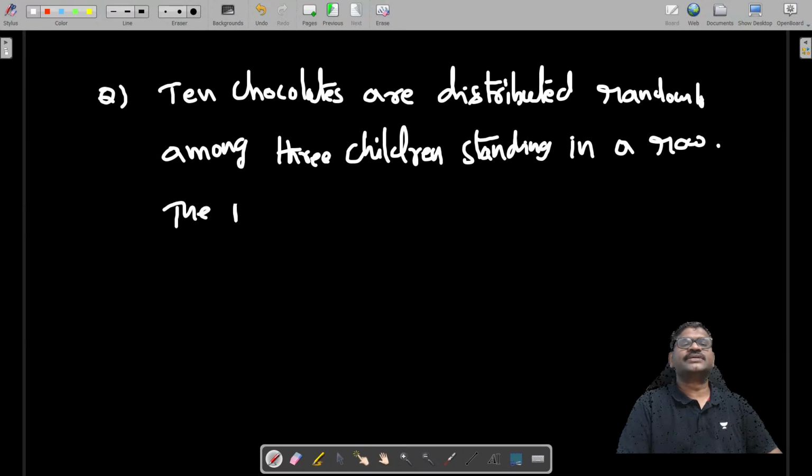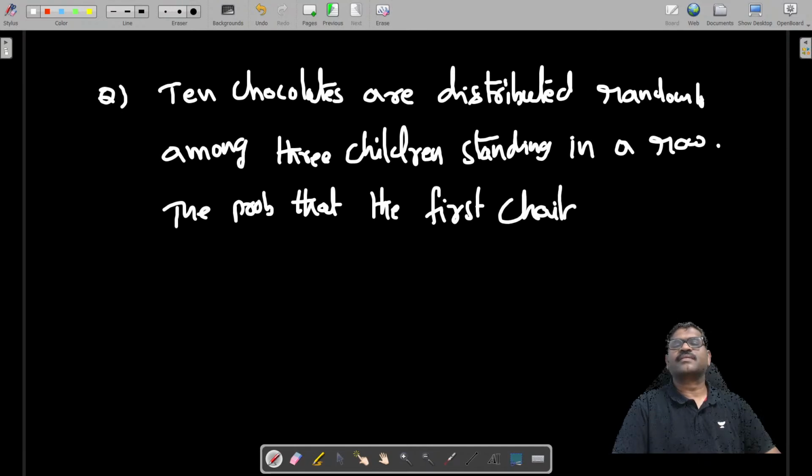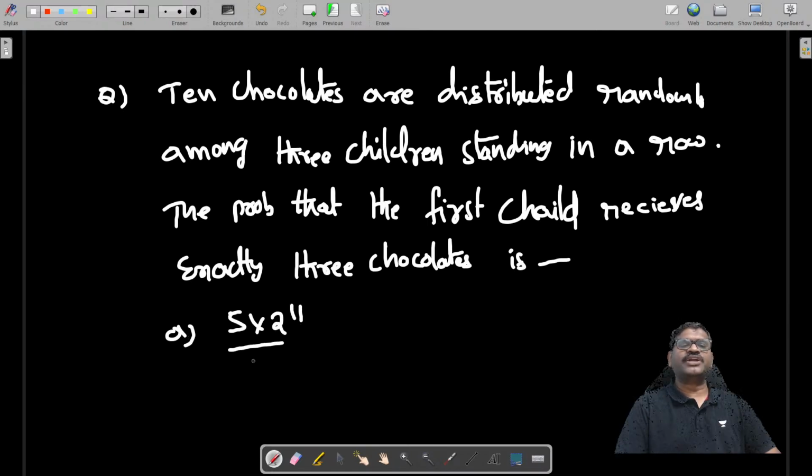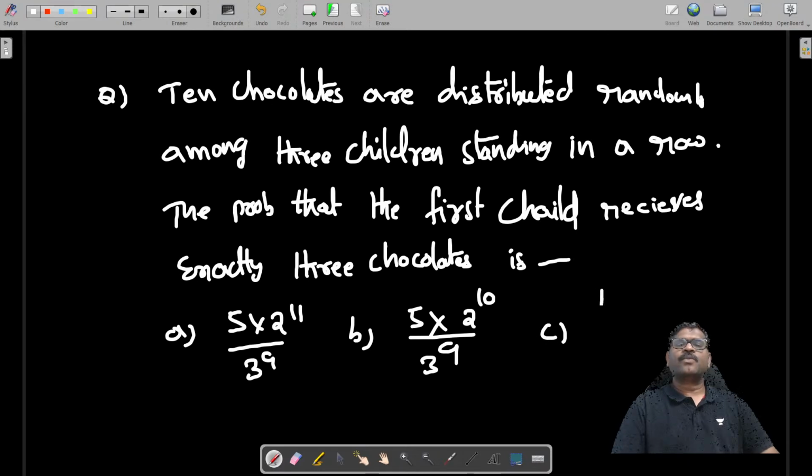The probability that the first child receives exactly 3 chocolates is option A, 5 into 2 power 11 by 3 power 9, 5 into 2 power 10 by 3 power 9, 1 by 3 power 9, 1 by 3.